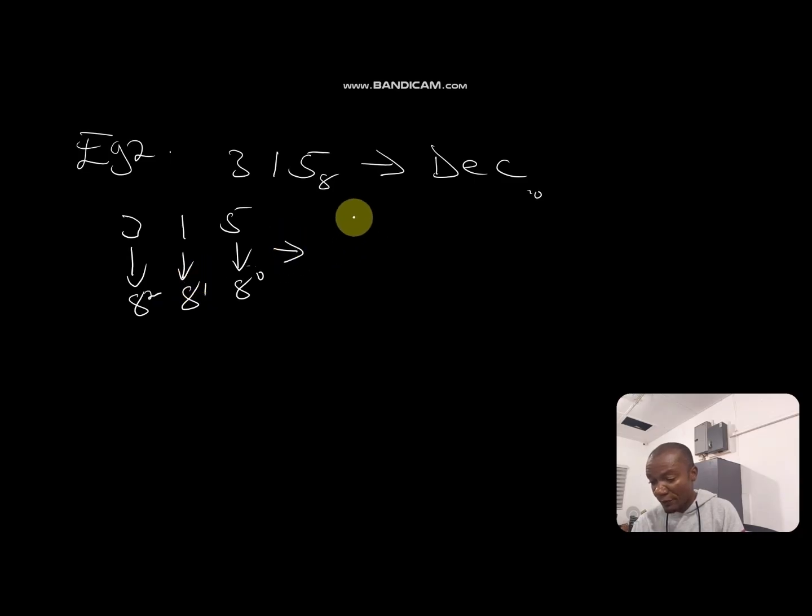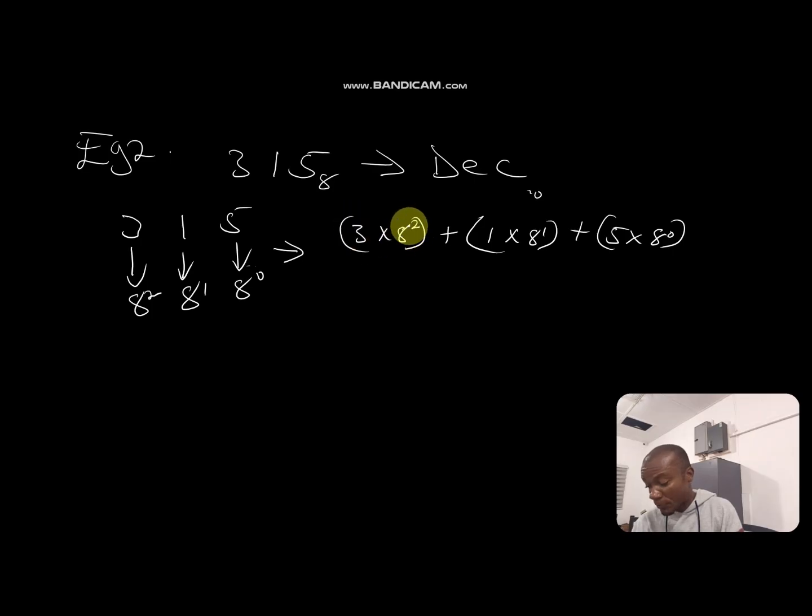So I'm going to have 5 times 8 raised to the power 0, 1 times 8 raised to the power 1, 3 times 8 raised to the power 2.